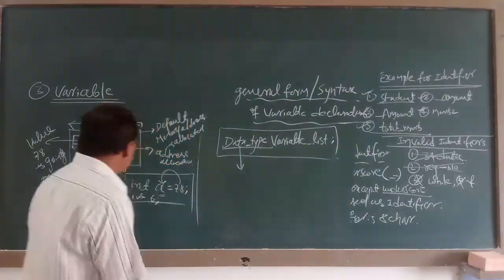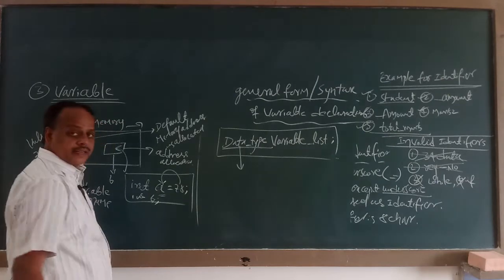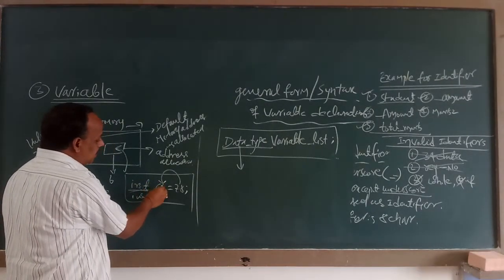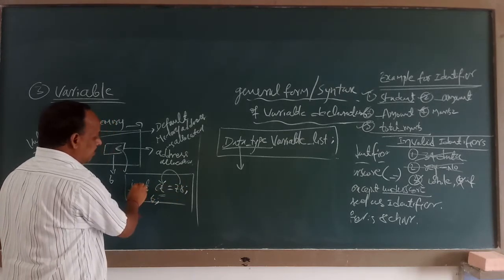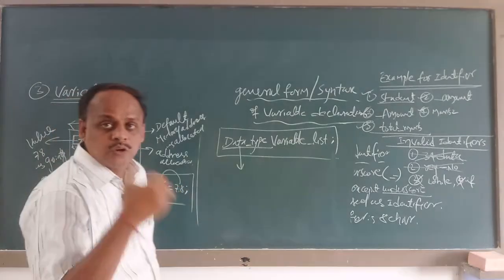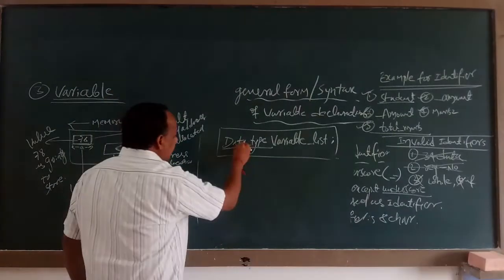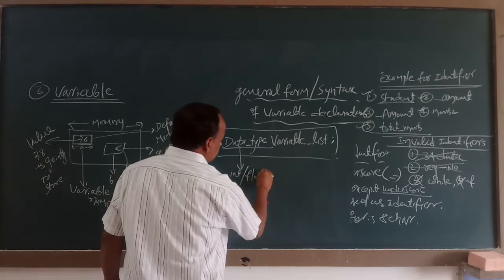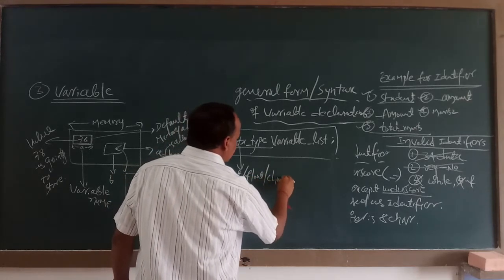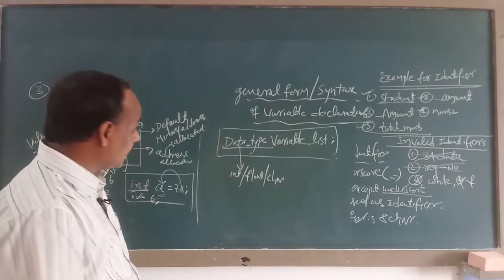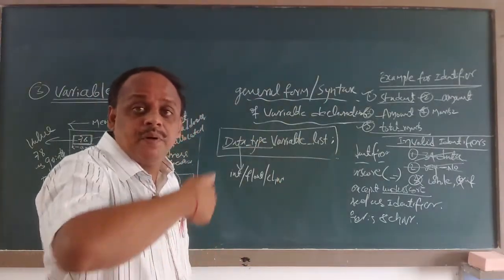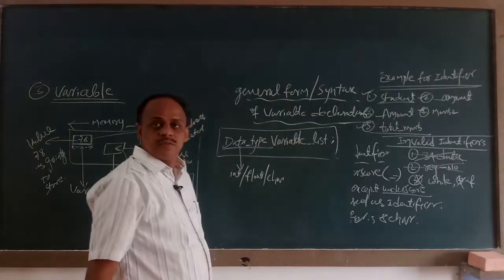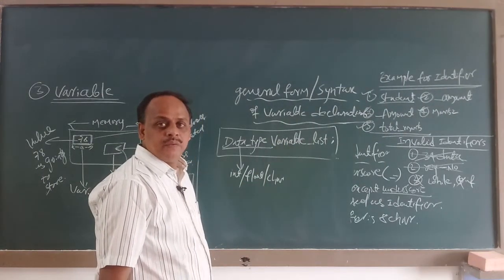For example, int a is equal to 78, right? So here int is a data type. If it is int, this variable is going to hold an int value. If it is float, the variable is going to hold a float value, right? So this data type may be int, float or char, right? So that data type tells the type of value that is going to be held by a variable, right?